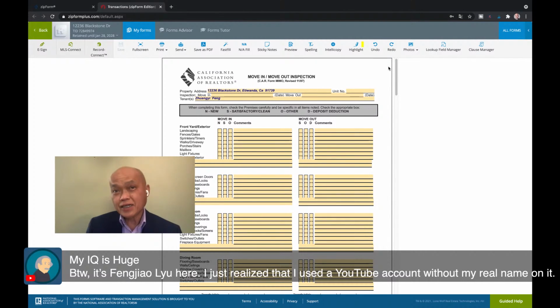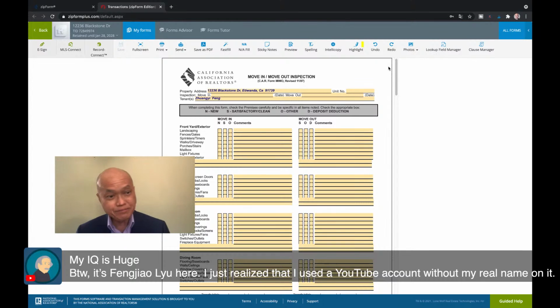So in any kind of purchase transaction, the buyer has the right to do a final walkthrough before the escrow closes. Usually that is scheduled about 5 business days. Well, actually in the contract, I think it might say something about 3 business days. I can't remember.